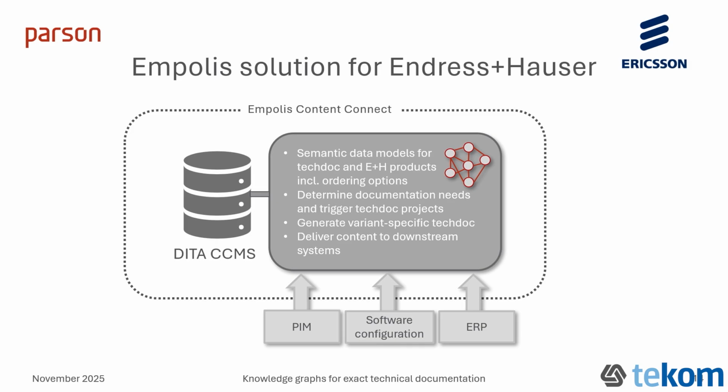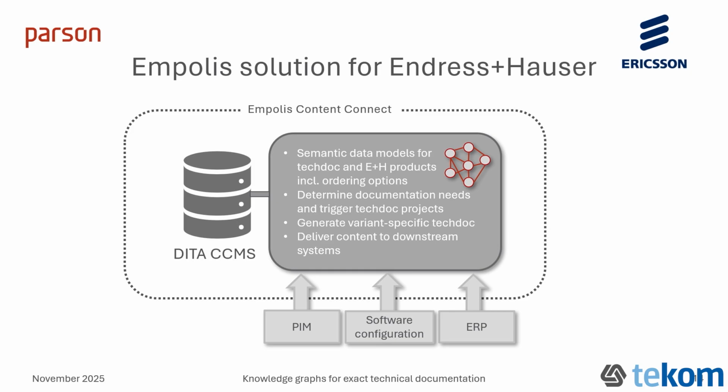So we have all the product, we have the ordering options, the families, the software functionalities, and all the configuration stuff in the knowledge graph and in what is called the product model. And then we also have an information model, which holds a taxonomy for all the content that you need to write to describe those products.